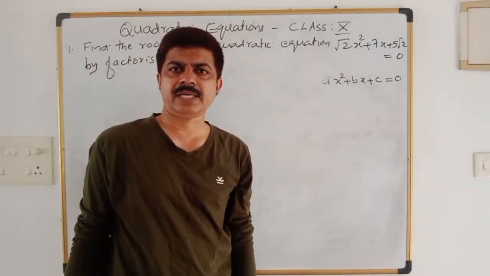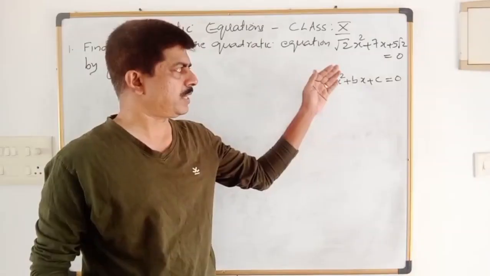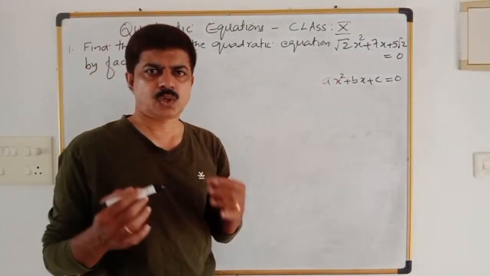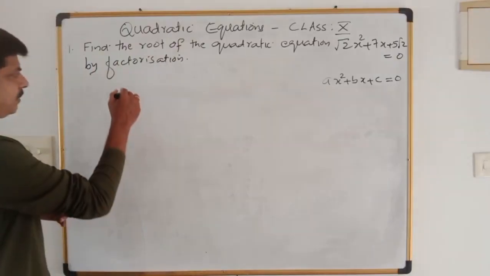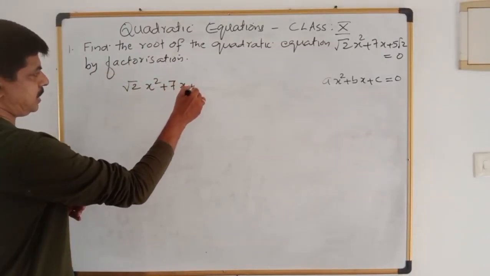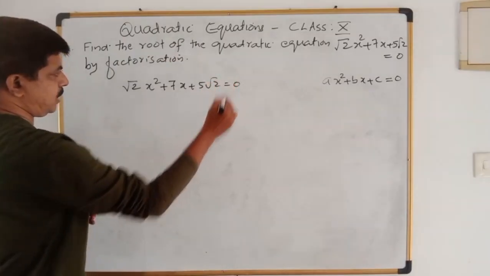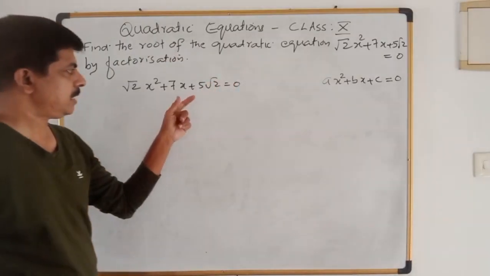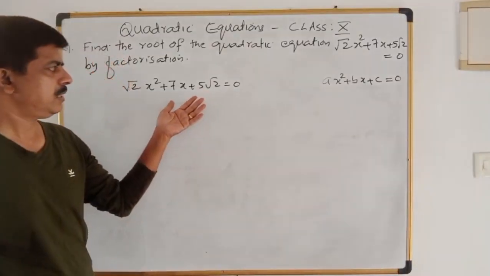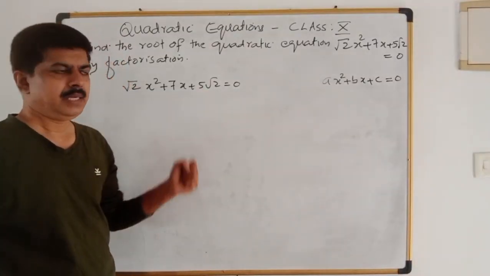So by the factorization method, we have to factorize first, then we have to find the roots. We have to solve the equation. We are given root 2x square plus 7x plus 5 root 2 is equal to 0. This quadratic polynomial we can factorize by an identity.